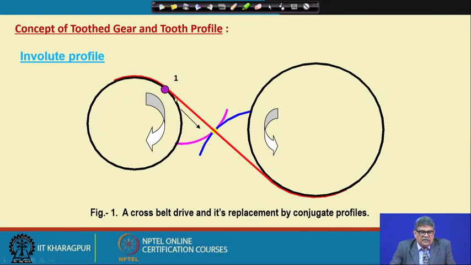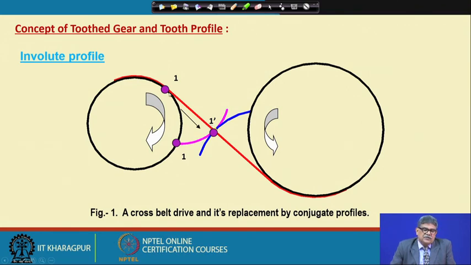Now, this point gradually moves in this clockwise direction on the drum, and on the belt it is coming towards this point. Now, after certain rotation, this point will come here, whereas on the belt this point will come at this point 1 dash.